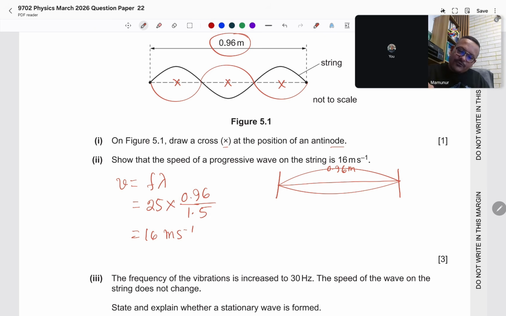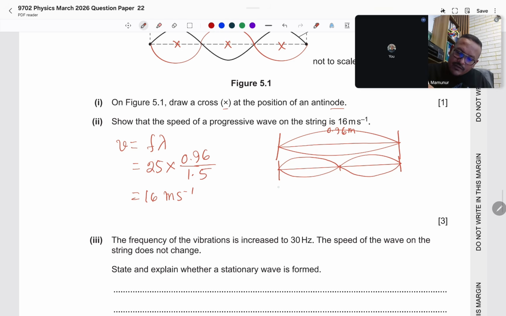If I draw the second one for the same length, it may be a whole wave. The second wave will be this one. The third one will be here. All are 0.96 meter. 1, 2, 3.